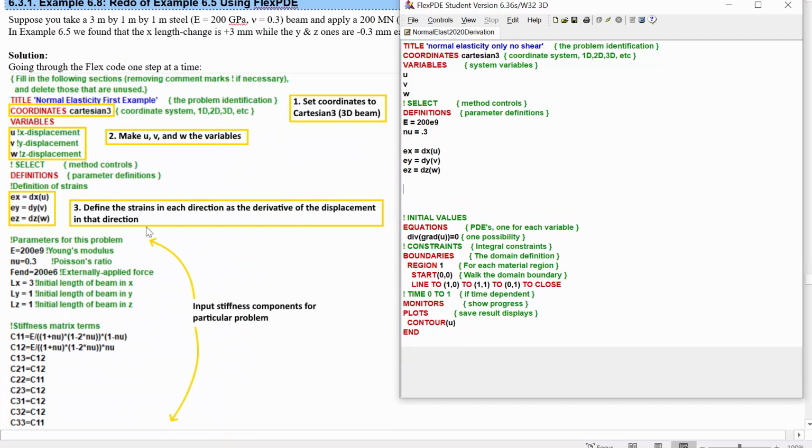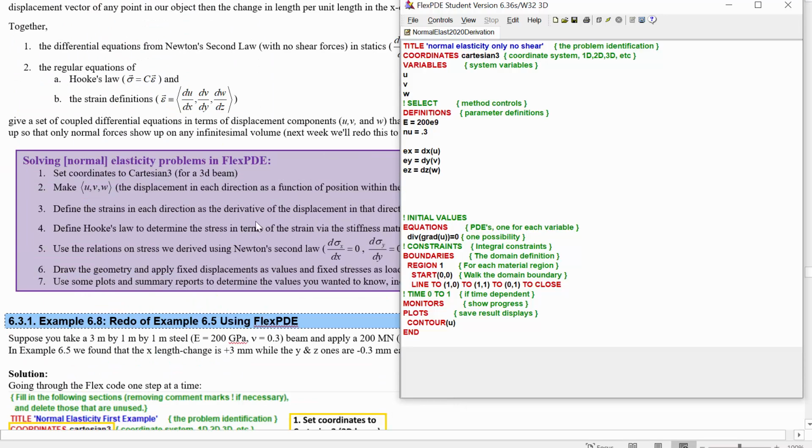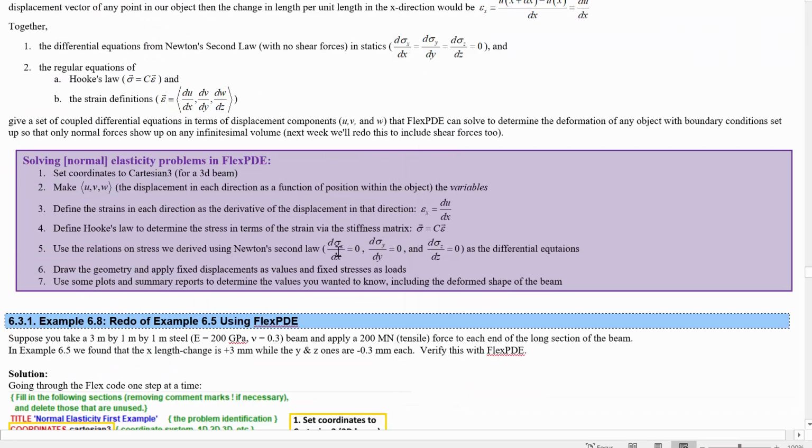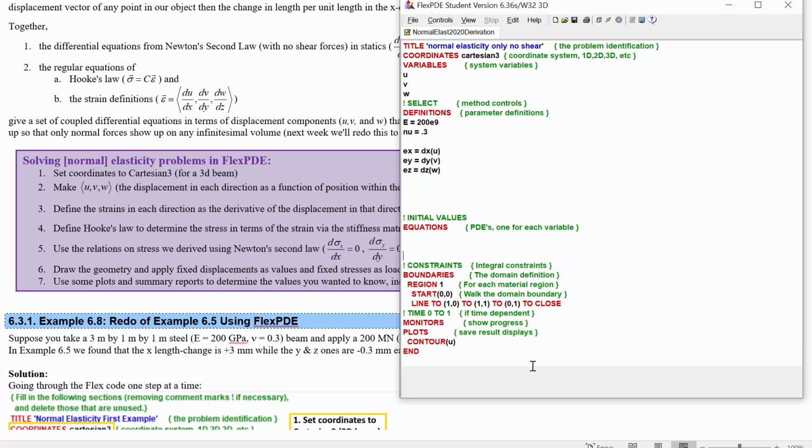Now, the things that I'm going to use to call the stresses are just Sx, Sy, and Sz. So we could go and write out the equations now. This is the slope of the x stress in the x direction is 0. So let's put that down here. The equation for u is going to be dx of Sx is equal to 0. Why is that an equation on u?